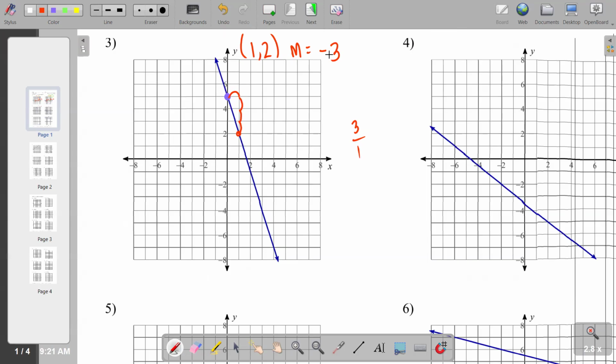And then don't worry about all the mathy stuff, right? They're just distances. And then I get -3 times -1. Done.